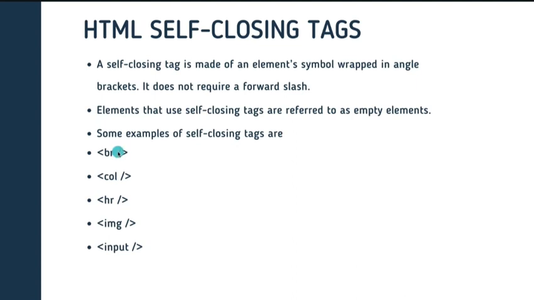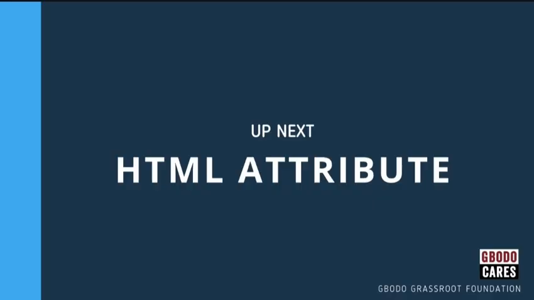So when preparing your document, just ignore the forward slash and you're still going to have your closing tag work as expected. So we have a few examples here: the break tag, col tag, image tag, input tag, the horizontal line tag, and so on. So guys, that's the end of what we'll be looking at on HTML elements.